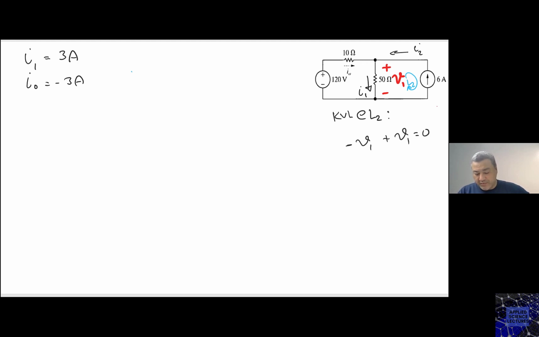If you substitute V1 with minus 50 I1 plus V1 equals 0. Or you can call this V 6 ampere, it doesn't matter, they're the same. You're going to end up with the V for the 6 ampere being indeed 50 I1.